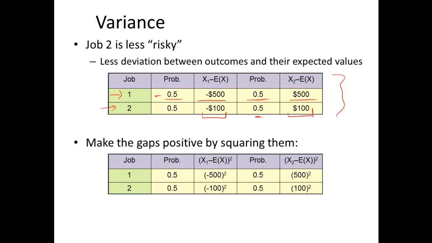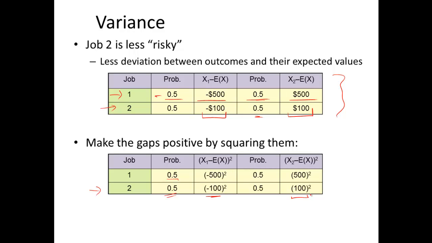But as I said, if we square things, we make everything positive, then we're going to get somewhere. So now let's think about 0.5 times minus 500 squared plus 0.5 times 500 squared. And similarly, for job 2, 0.5 times minus 100 squared plus 0.5 times 100 squared. Well, now we're going to get somewhere.